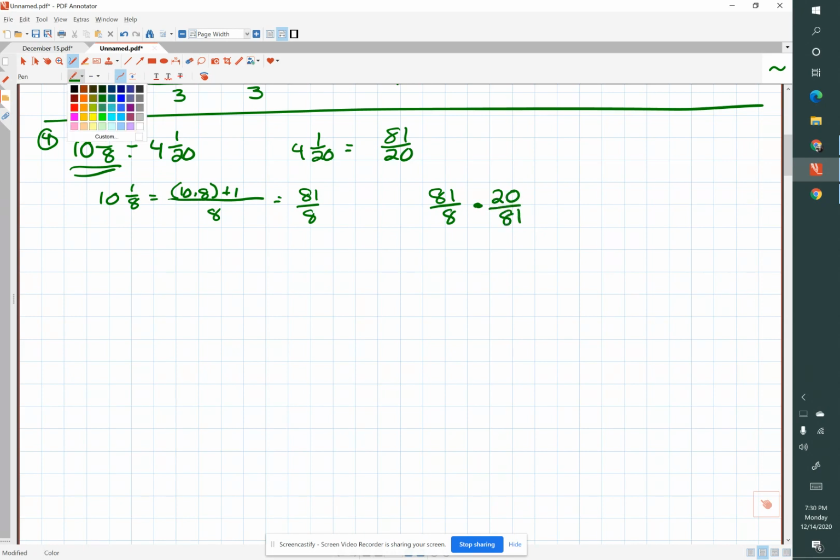Now this is easy to see the simplification here. 81 divided into 81 is 1. 8 and 20 can be divided by 4, so that would be 2, that would be 5. So the answer would be 5 over 2, or 2 1/2.